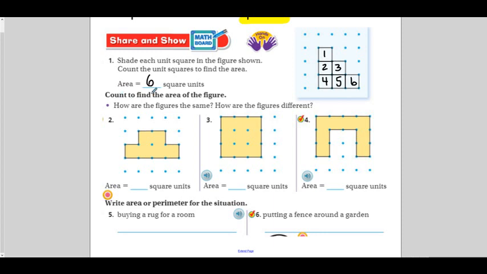Now we need to count and find the area of these figures. How are the figures the same? How are they different? Well, let's figure out what the areas are first, and that might help us a little bit.